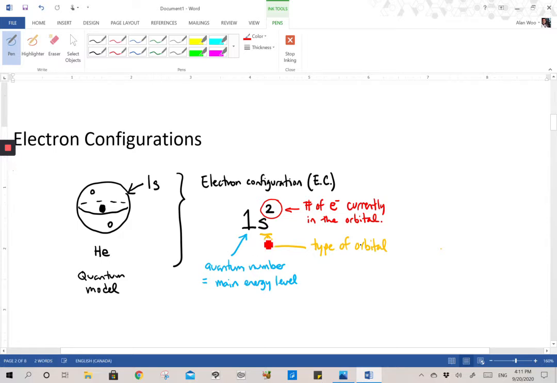So what we're looking at is an s orbital at the first energy level with 2 electrons. Here you have the s orbital, the first s orbital with quantum number 1 with 2 electrons. So this is the electron configuration for helium.